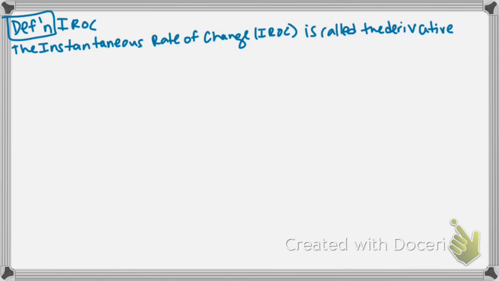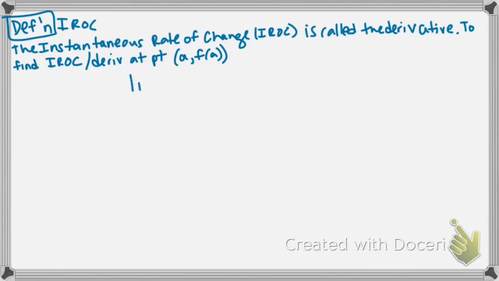Okay, so what we're going to do is to find the instantaneous rate of change, or the derivative, at the point. So we're going to pick the x value to be a, which makes the y value f of a. We're going to use that same slope formula with the f of x minus f of a all over x minus a, but now we're going to put the limit statement out front.